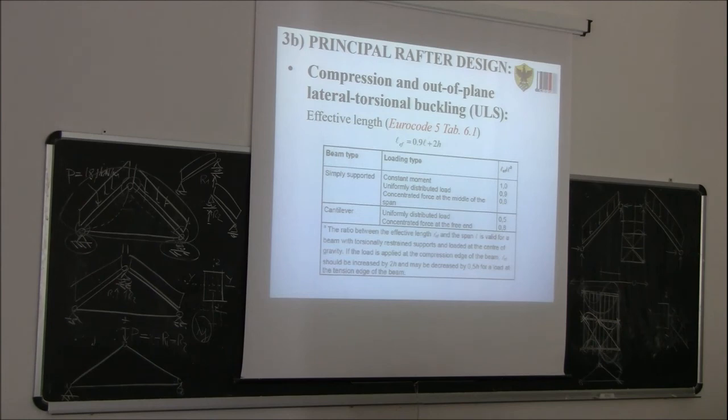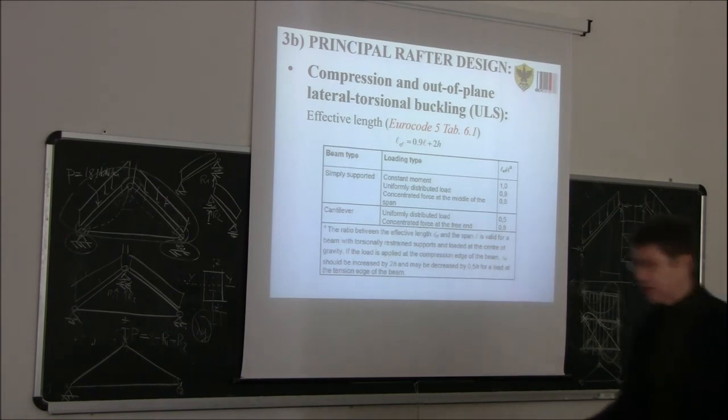Another possibility would be, like we were mentioning yesterday, to replace the layer of boards with an in-plane stiff system, for example with plywood panels, or with OSB panels, or with cross-lam panels.